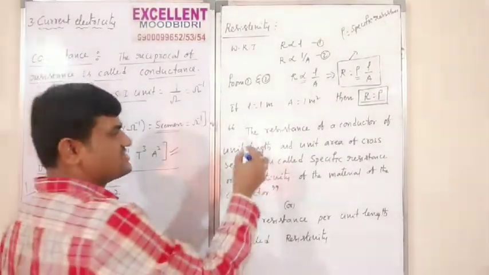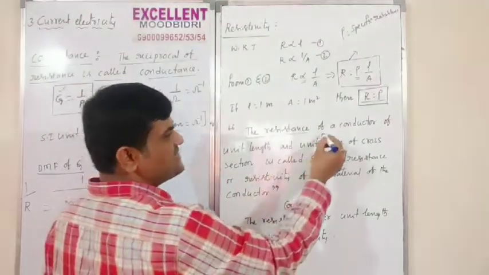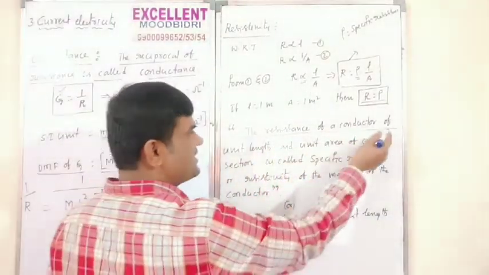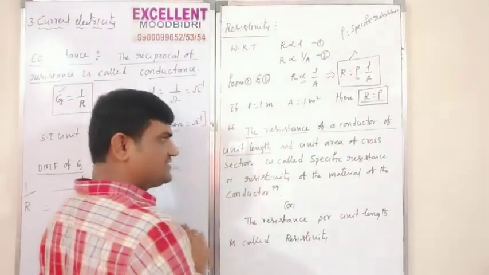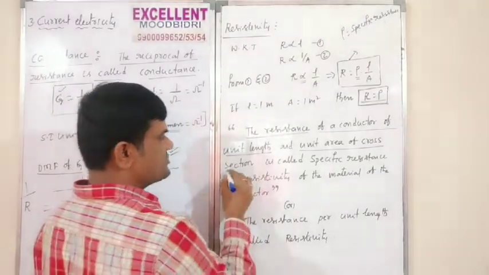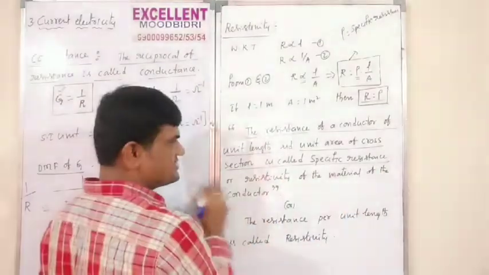So that is the definition I have given. The resistance of a conductor of unit length and unit area of cross section is called specific resistance.